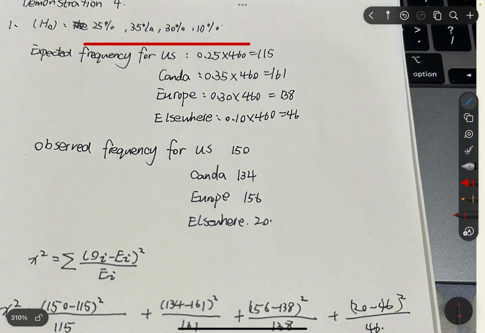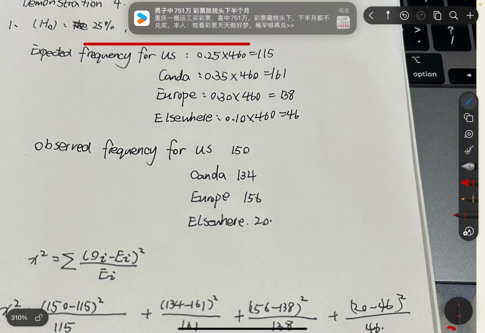The expected frequencies are calculated based on the sample size. The sample size is the 460 films, and the proportions stated in the hypothesis.